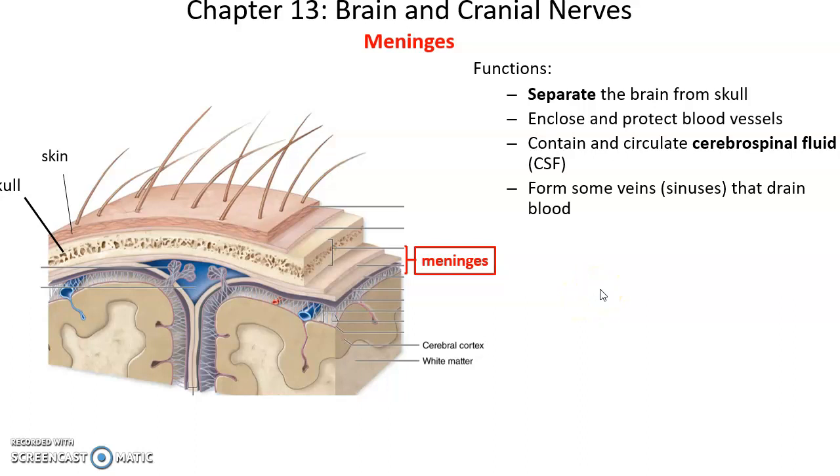The meninges also contain and circulate cerebral spinal fluid. So in this space here would be cerebral spinal fluid. That helps to buoy the brain and protect it from injury. And then also some of the meninges help to form occasionally large veins or sinuses that drain blood from the brain. So quite a few important functions for the meninges, both protective and relating to the flow of various fluids.